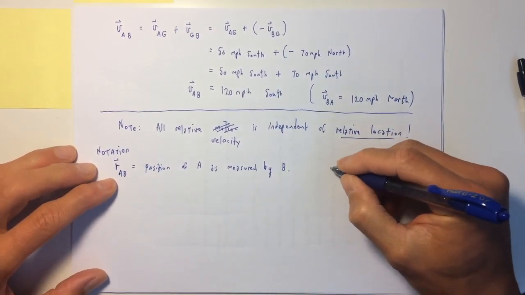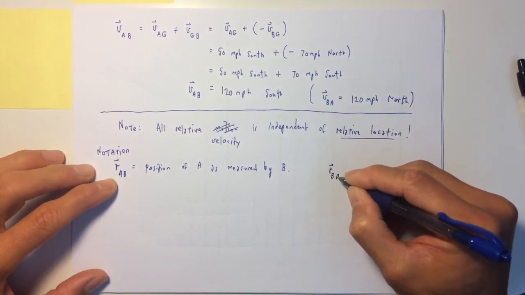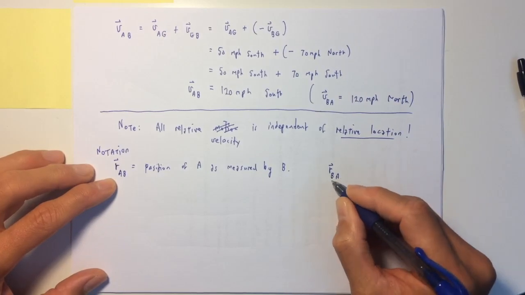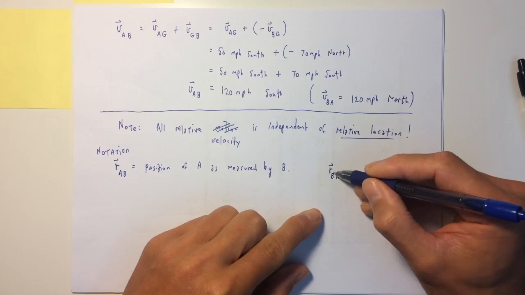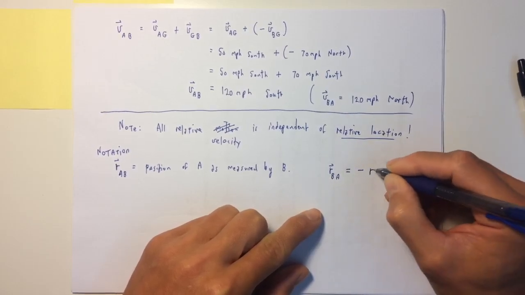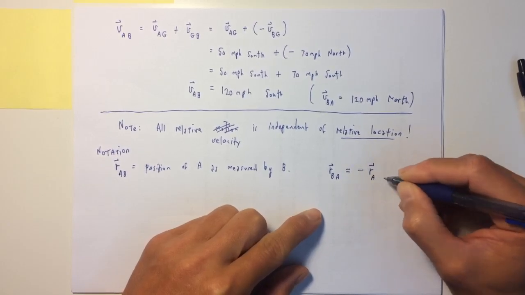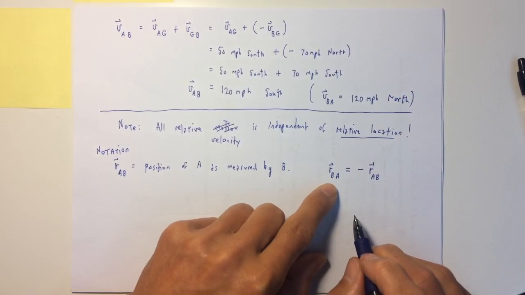And also note that if I want to ask, well, where does car A point to car B, right? This is the position of car B relative to A, and it is in the opposite direction to where B thinks A is, right? So this is also true.